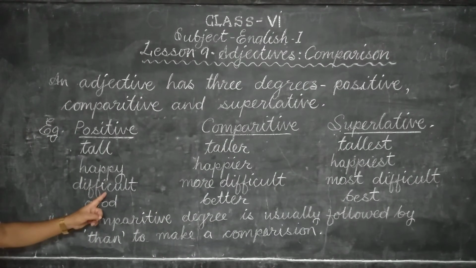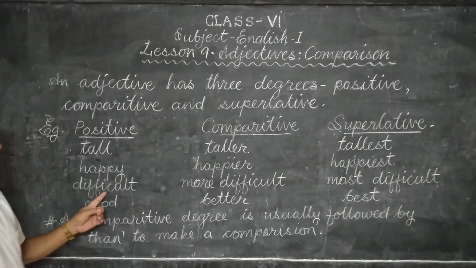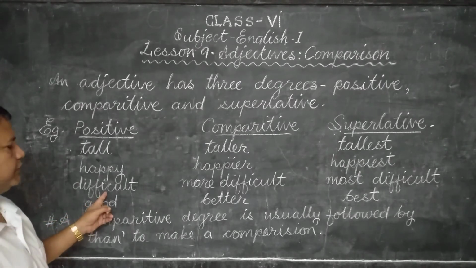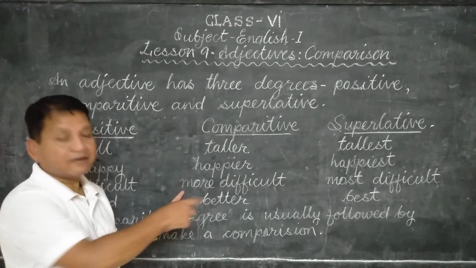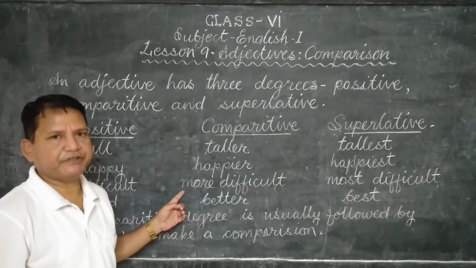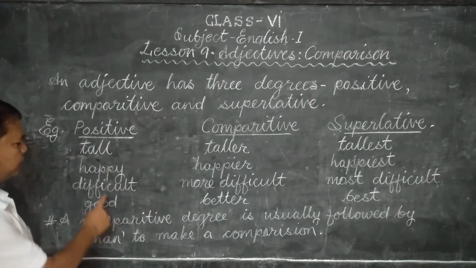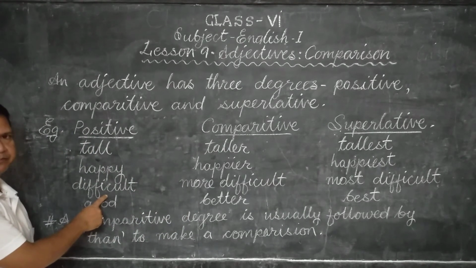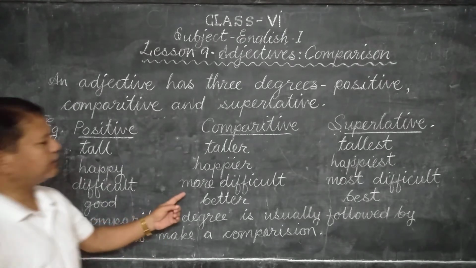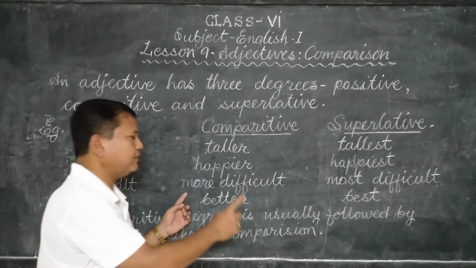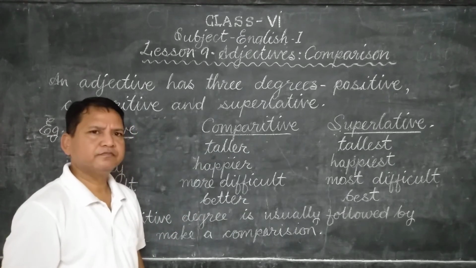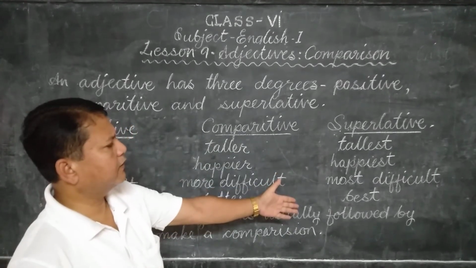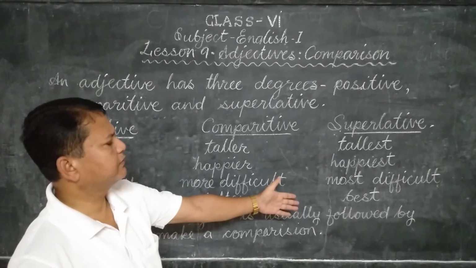Here you can say history is a difficult subject. Suppose history is a difficult subject. Then I can say maths is more difficult than history. Another, you can say which subject you will take?